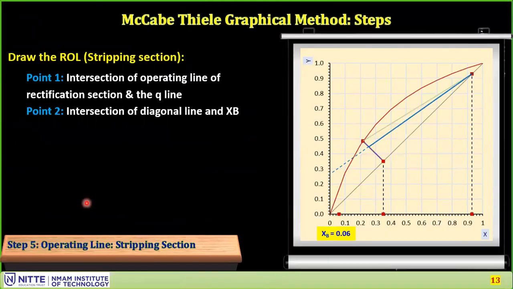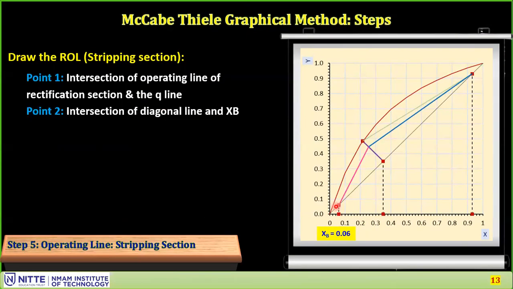Alright, step 5. What we have to do is draw the operating line for the stripping section. That's very easy. You identify the intersection of the operating line of the rectification section and the Q line. Here is the point. One is this. The second one is the intersection of the diagonal line and xB. Here it is.